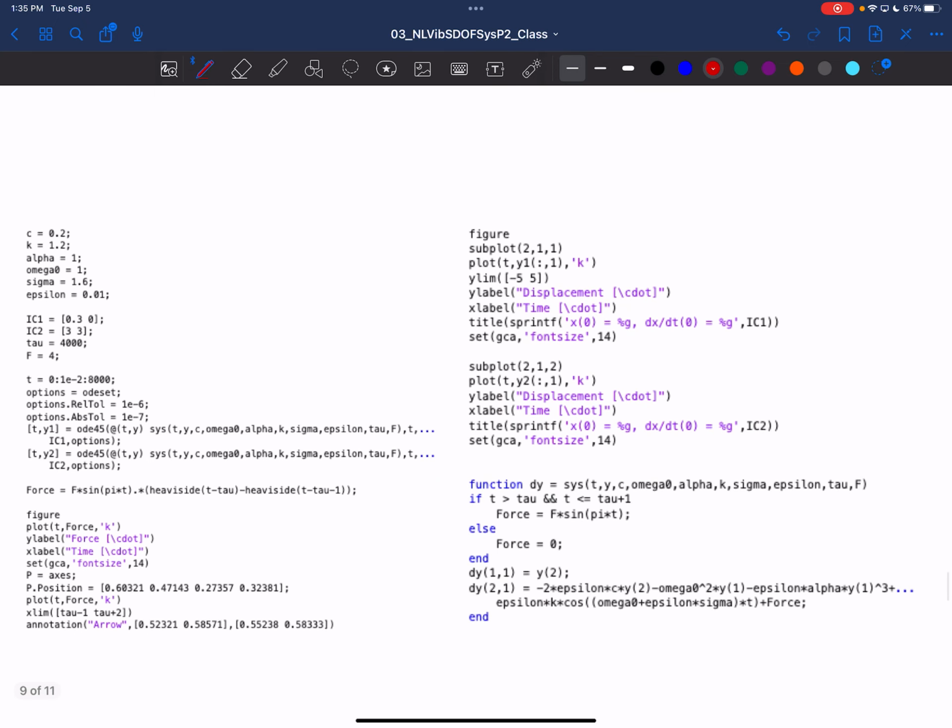And you can see here, in this case, K is 1.2, and sigma is 1.6. So if you go back a few pages and take a look at that frequency roughly, where was that? 1.6. In here, you'll be able to see how we have these multiple branches existing.